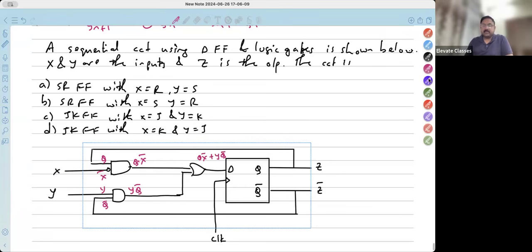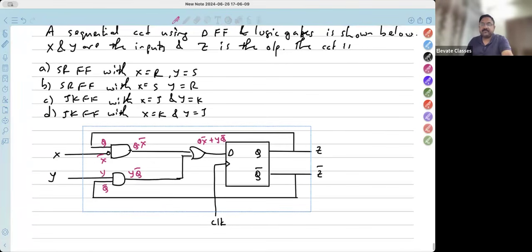Now, do you remember the characteristic equation of the D flip-flop? D flip-flop का characteristic equation क्या था? For D flip-flop, Qn plus 1 is equal to D. D की वैल्यू कितनी है? Q into x bar plus Q bar into y.